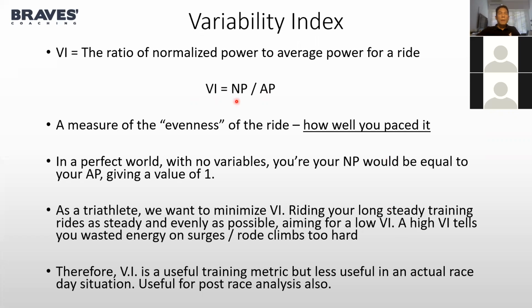So it's your normalized power over your average power. If you rode it in a perfect world and perfectly paced with no accelerations, no hills, no wind, your normalized power would be the same as your average power, okay? But it's never the case, all right?